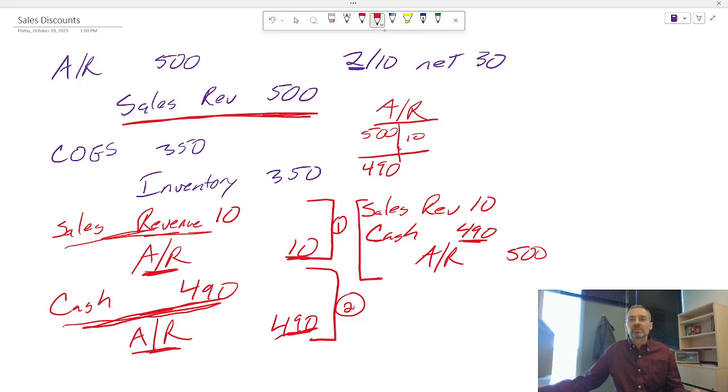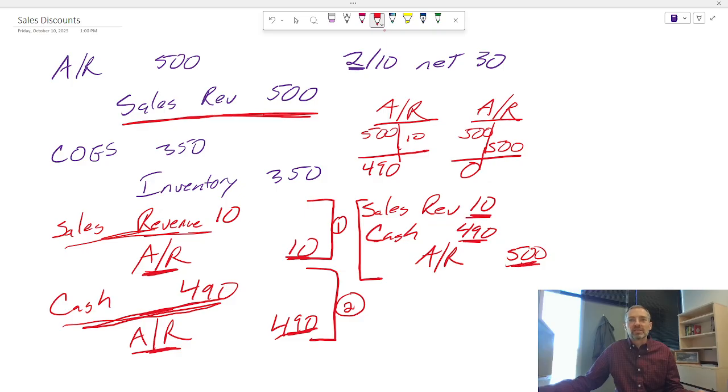Let's look at if we skip the two-step process and did one journal entry. How much is in our accounts receivable? Well, there's 500. How much is the customer paying us? They're paying off the full amount in accounts receivable. You want to show at the end that they don't owe us anything, which means we need to take off 500. That's right there.